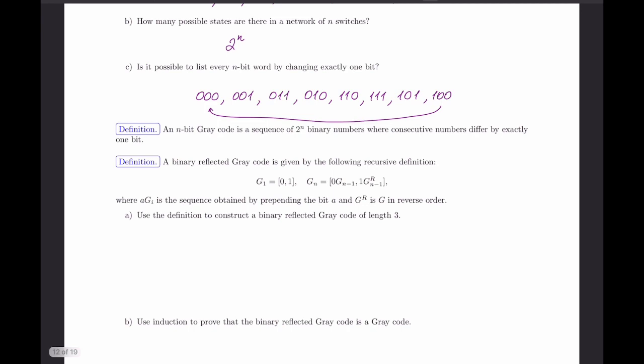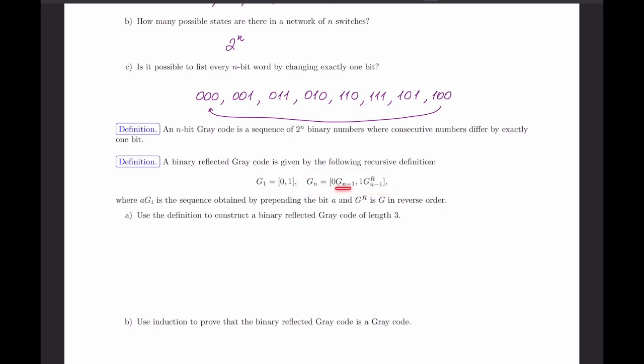Another type of Gray code that we're going to be looking at are called binary reflected Gray codes. And they are defined by the following recursion. So what I have here is I'm going to start with the Gray code of 1-bit words, so 0 and 1. And then I'm going to construct my Gray codes in the following manner.